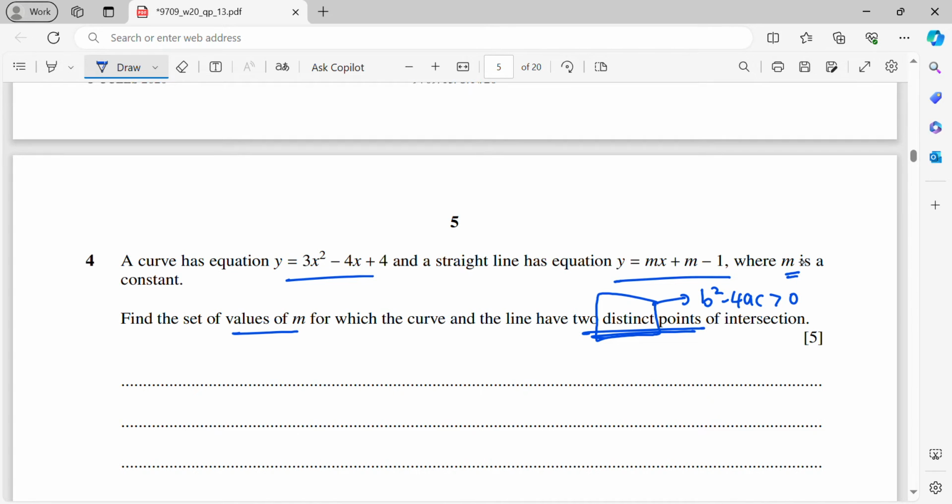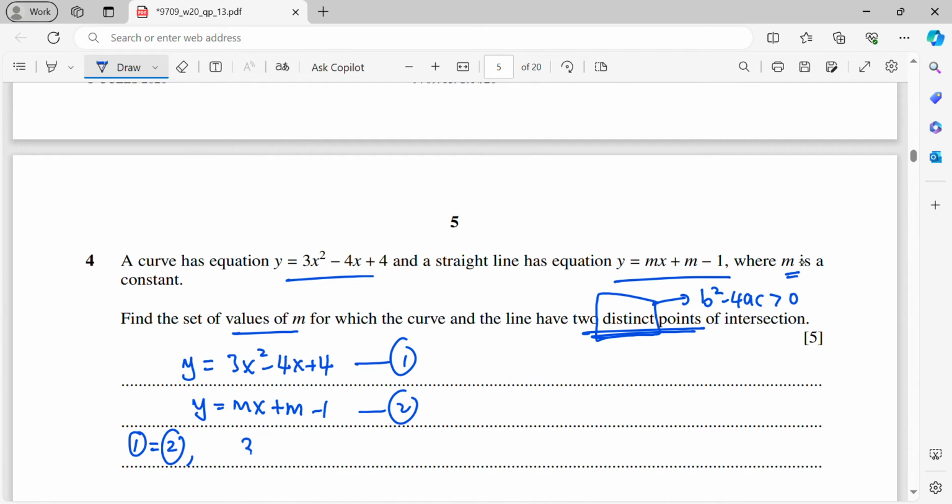Alright, so now to solve the intersection points, basically we are solving simultaneous equations. Let this be the first equation, and my second equation is mx plus m minus 1. Now to solve this, I will just write first equation equals second equation. Therefore, you will be getting 3x squared minus 4x plus 4 equals mx plus m minus 1.